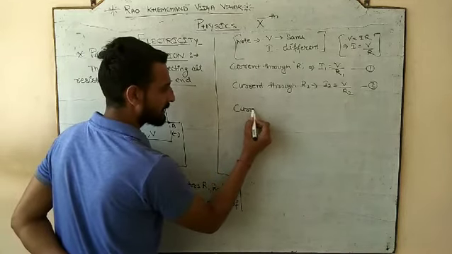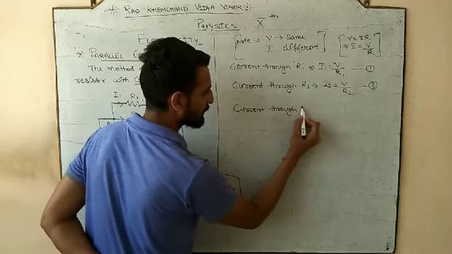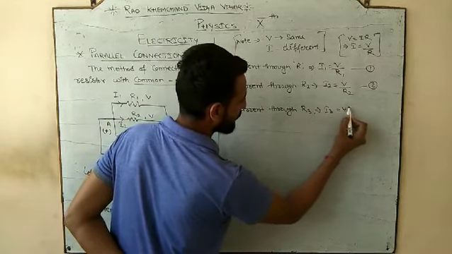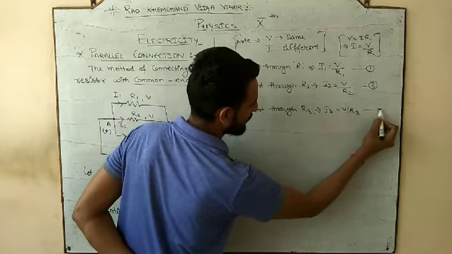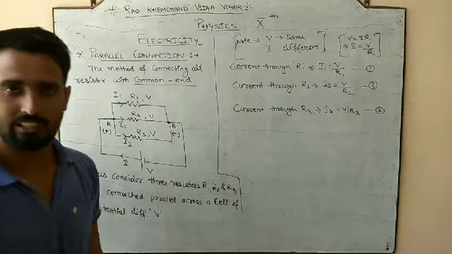Similarly, the current through R3, I3 would be V by R3. So in this manner, we have calculated the current through all the resistors.